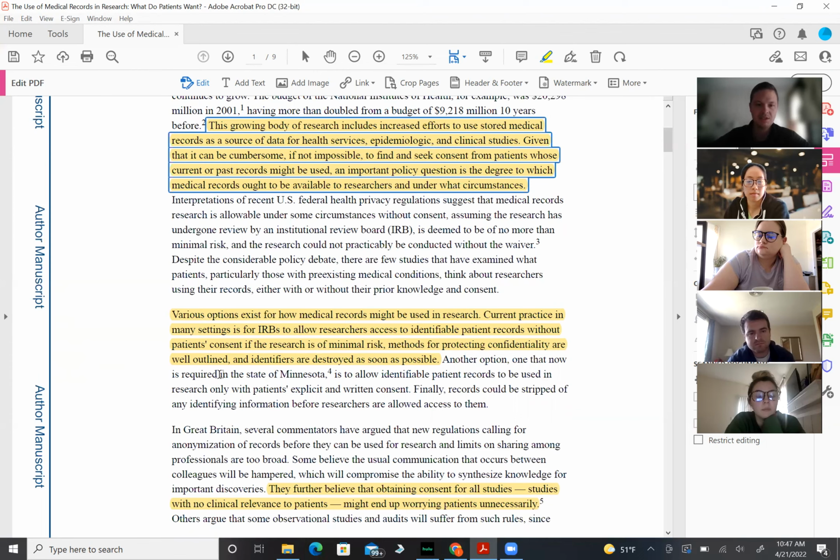Various options exist for how medical records might be used in research. Current practice in many settings is for IRBs to allow researchers access to identifiable patient records without patient consent if the research is of minimal risk. Methods for protecting confidentiality are well outlined and identifiers are destroyed as soon as possible.